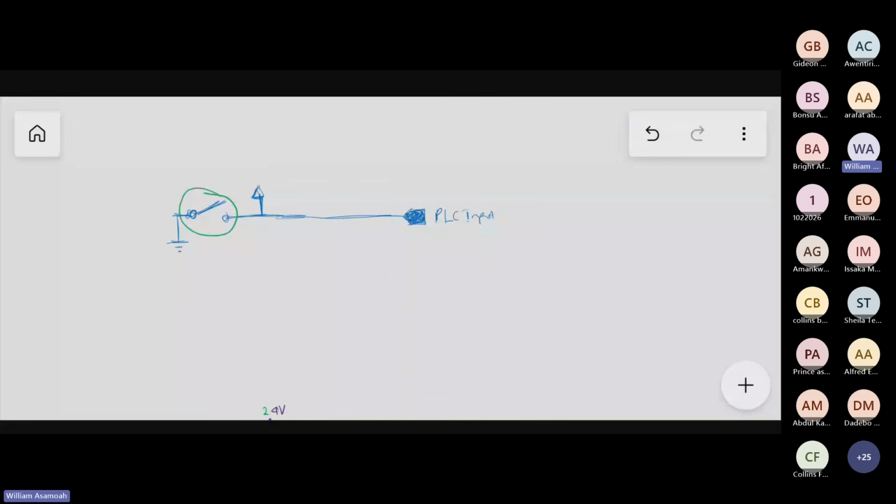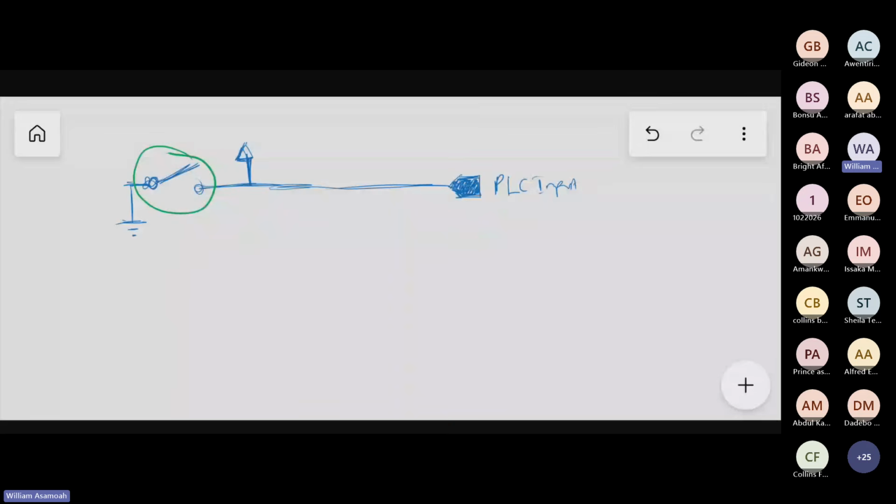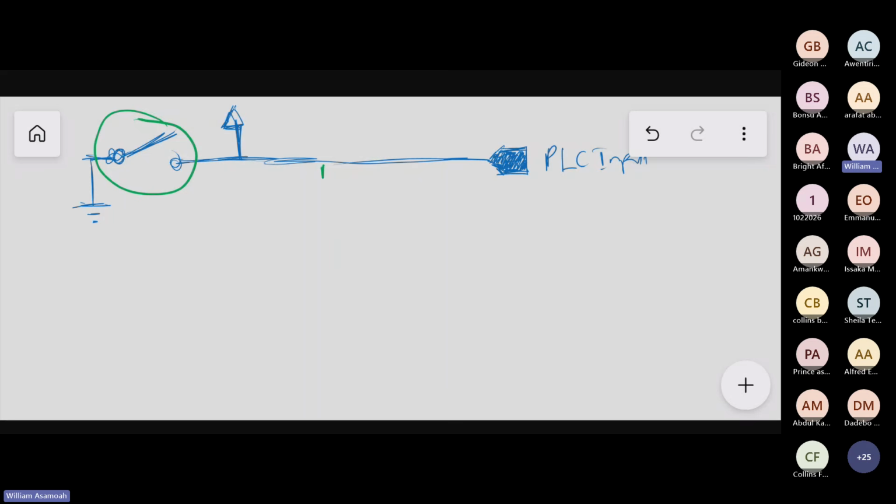It closes repeatedly before it closes. So it will be opening and closing, and the motor will just be starting and stopping all the time. And we don't want that to happen. So what do we do? We will put a filter here, like this.